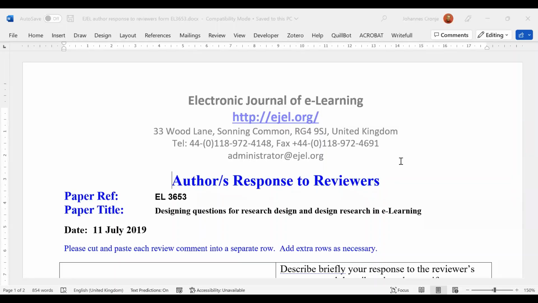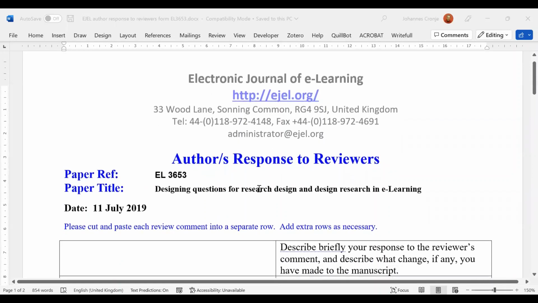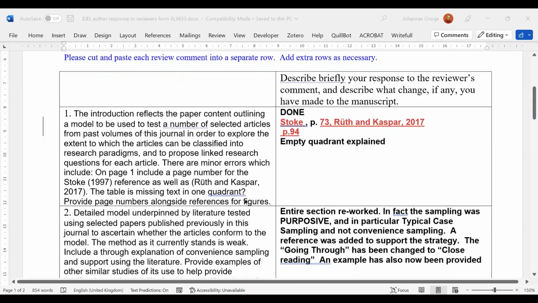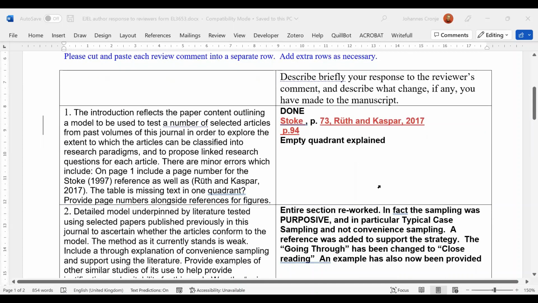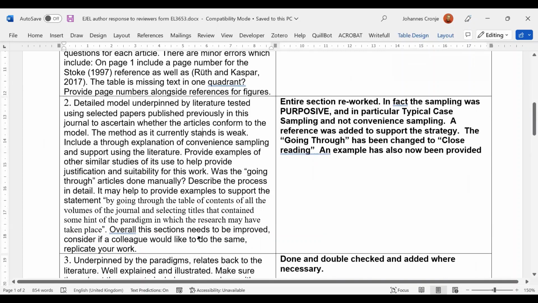So now let's have a look at the table that I gave back to the authors. So it's author's response to reviewers, a paper number and title, and then my description. So that's what the reviewer 1 said, and this is what I did. And this is what the second comment was, and this is what I did.